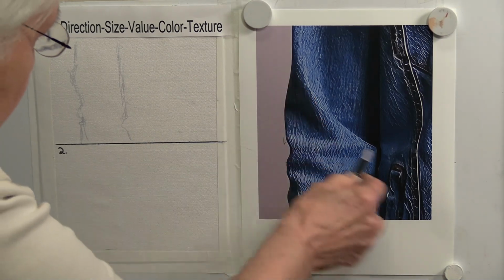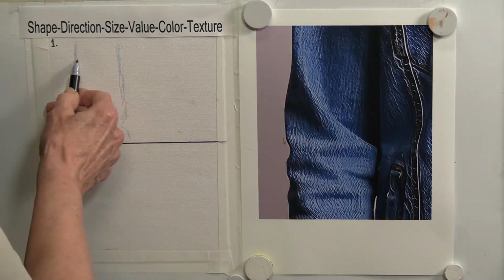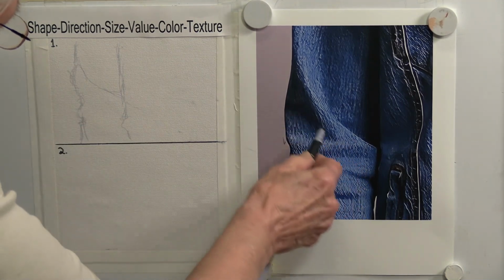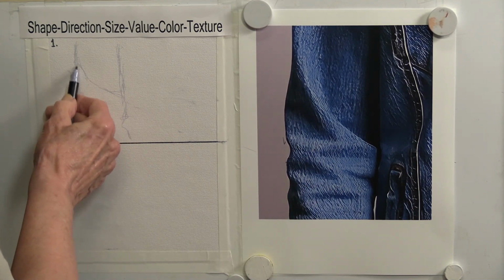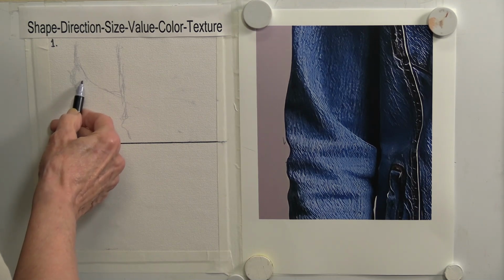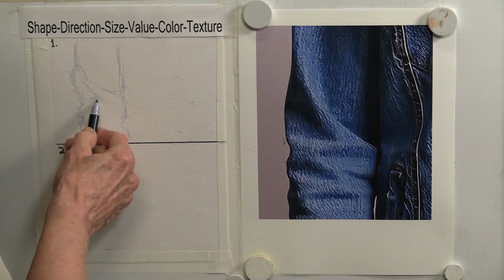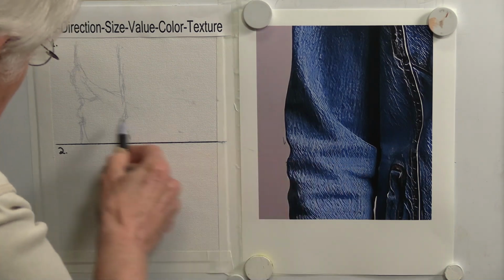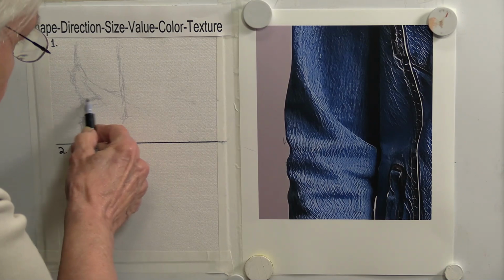Now what about the shape inside? We have a curve that goes inside like this, and it curves that way. Then over this side we have kind of a triangular shape. It starts as a very narrow shape right here, and it comes down about like that. And then we have just a horizontal edge right there, and that horizontal edge stops there.